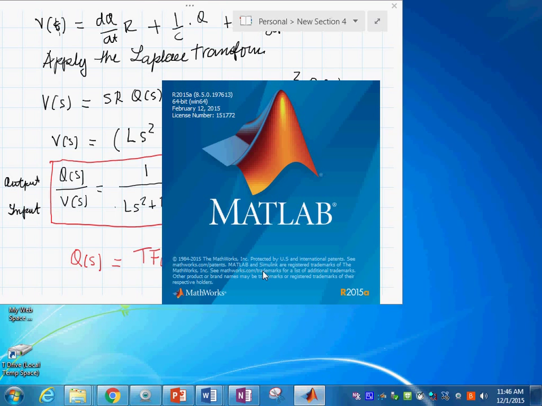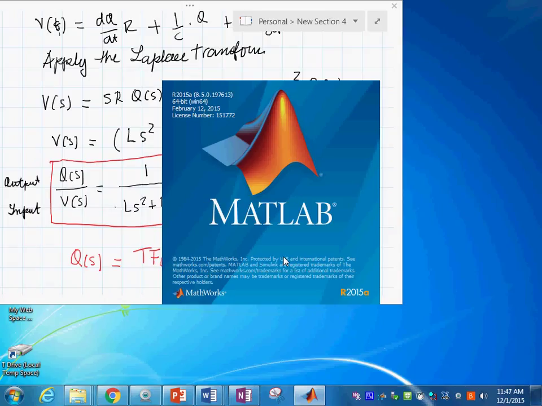Now let me show you how you could actually enter this in MATLAB. As soon as it comes up, we will do this. It takes a few moments.